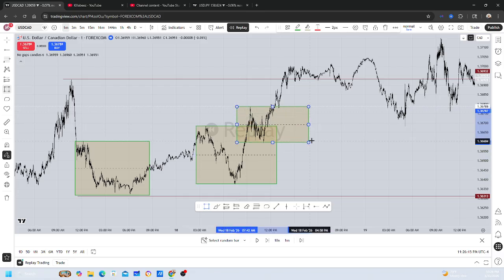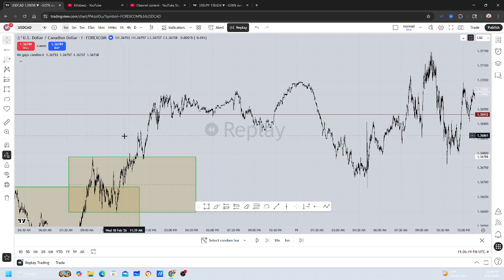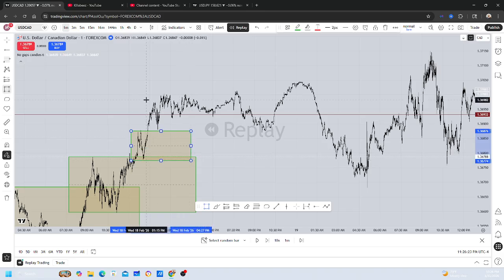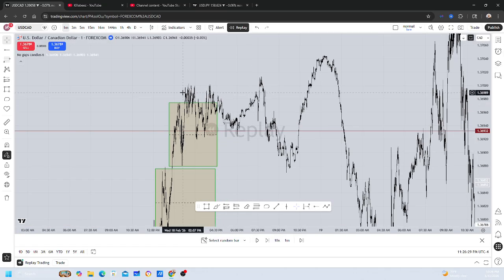We have 3 swing. This little one, you can say 4. You can even call this the 5th one, and then you can even call this the 6th one. Whichever one you want to use.